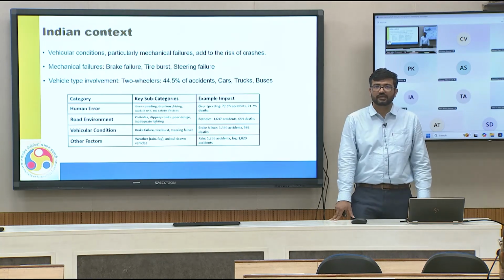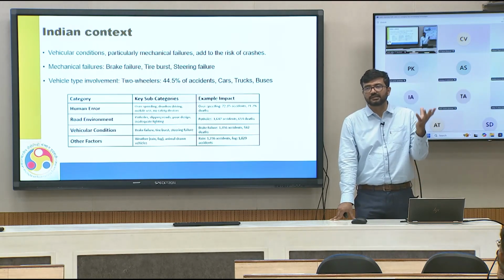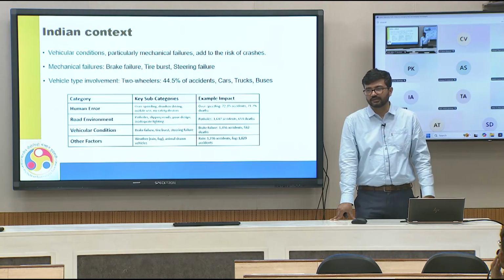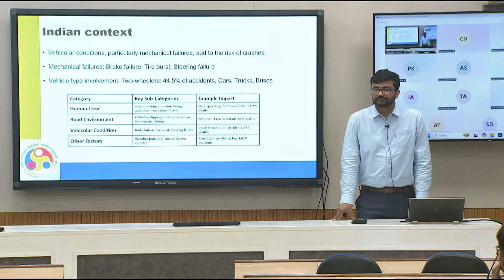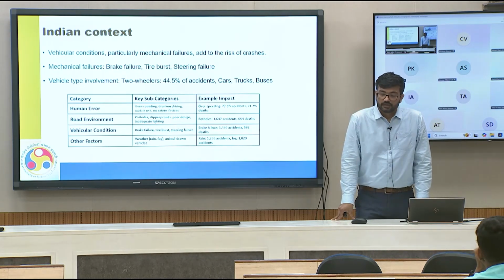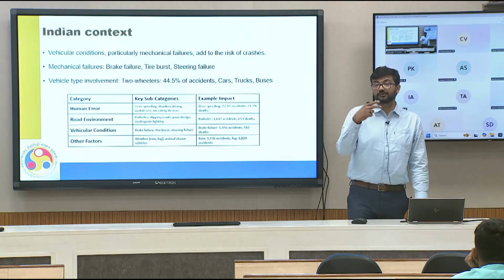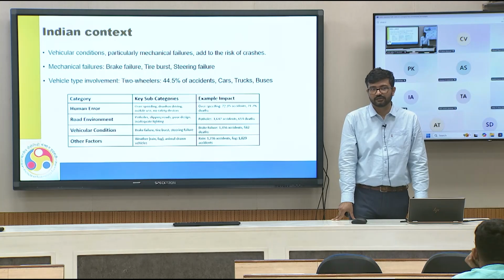So basically, the crash process involves multiple factors together. The crash report can give you some idea, but there might be other methods also required that can capture those behaviors, right?